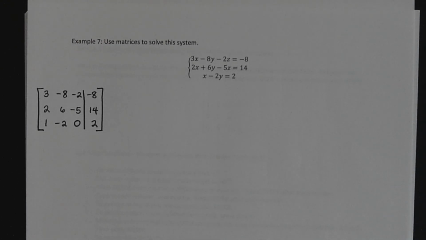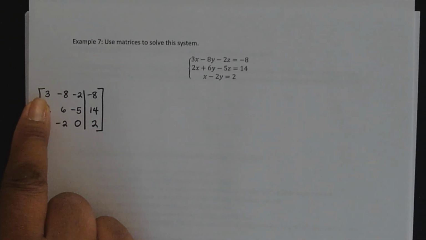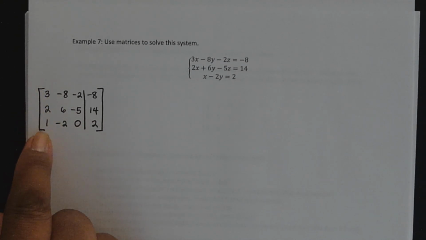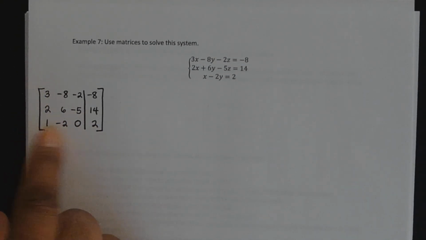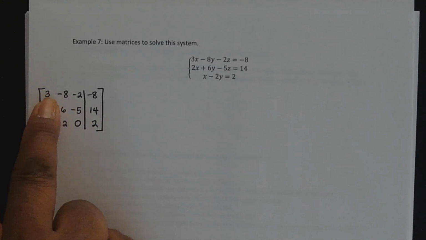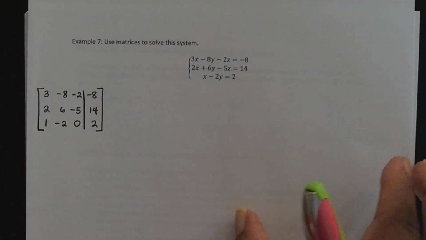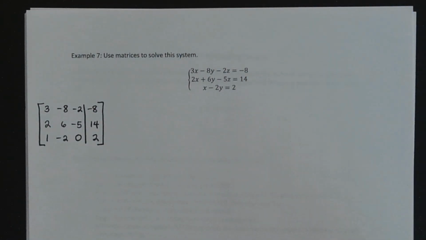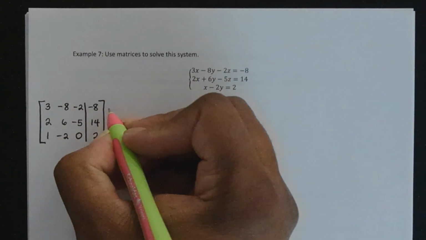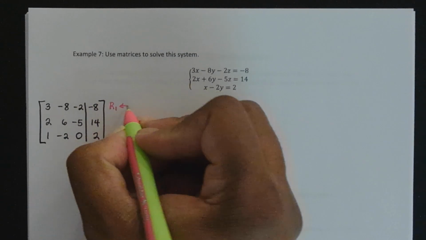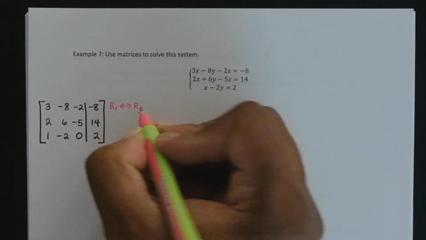Now let's start this by getting a 1 in the upper left-hand corner of this matrix. Well, notice we got a 1 down here in that third row. So I'm going to interchange row 3 and row 1. So that matrix operation would be this. I'm going to say this, row 1, I'm going to interchange that with row 3.